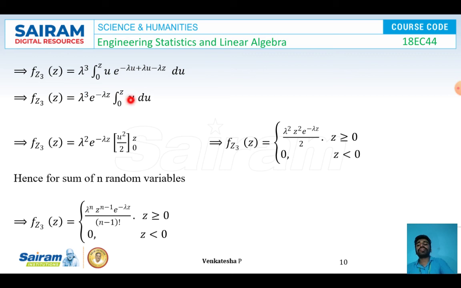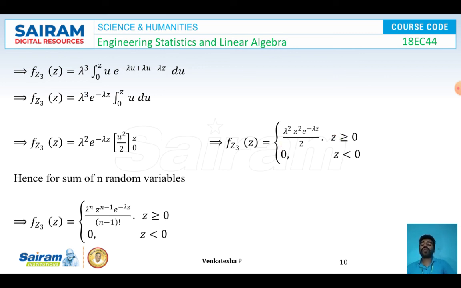Integrating u with respect to u, I got u square by 2 between the limits 0 to z. So f_Z3(z) is equal to lambda cube z square e power minus lambda z by 2 for z greater than or equal to 0, and it is 0 for z less than 0.